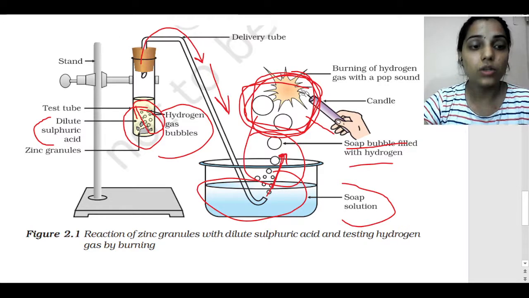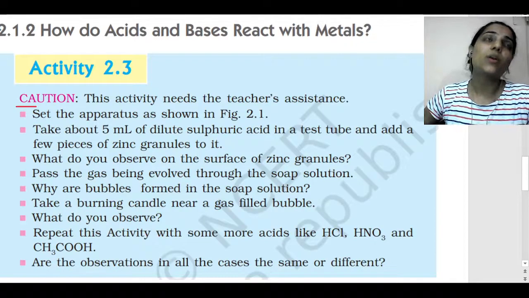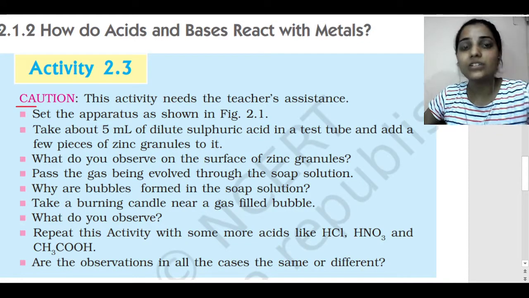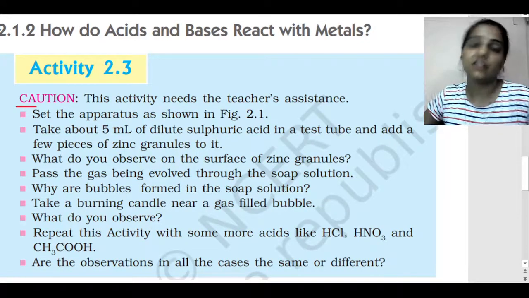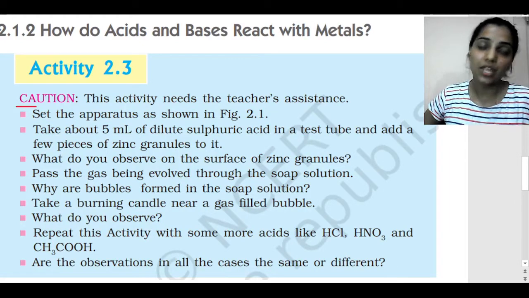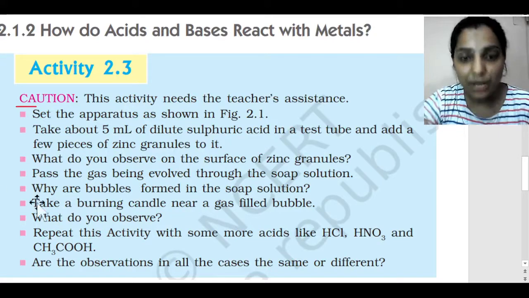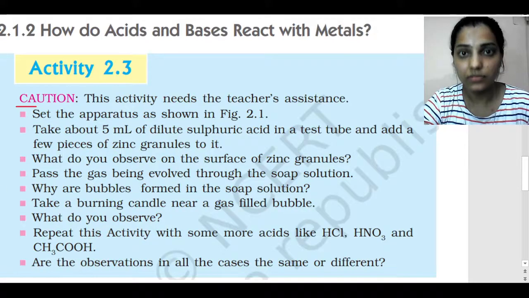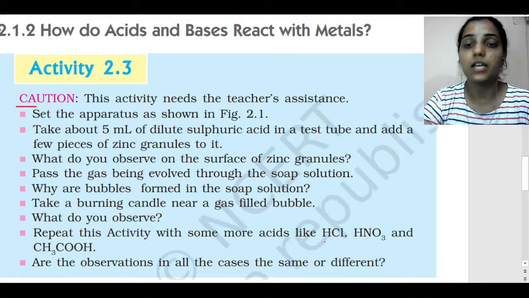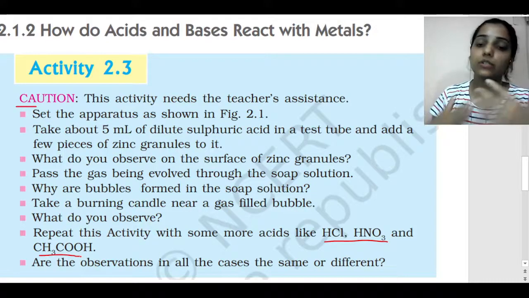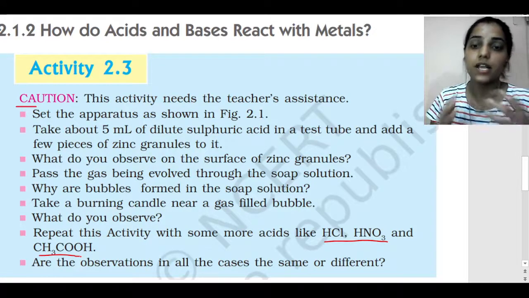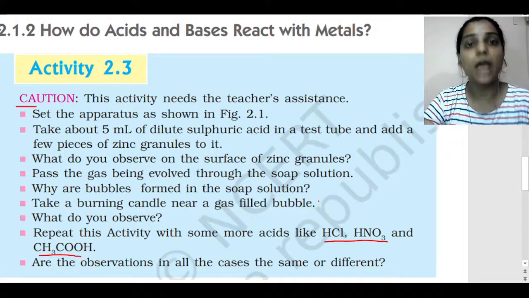So with this activity, we came to know what happens if we add an acid. They have also mentioned that previously we took dilute sulfuric acid, but now you can take HCl, acetic acid or HNO3 and react again. There are bases and acids also.